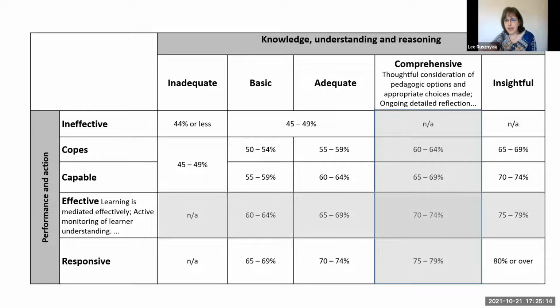If a student was found to have comprehensive knowledge, understanding, and reasoning, as well as effective performance and action, the tutors or the assessors would be required to give a global holistic mark of between 70 and 74, and they would have the discretion, is it a lower or is it a higher? But they would be given this mark range and would allocate a mark in terms of that range.